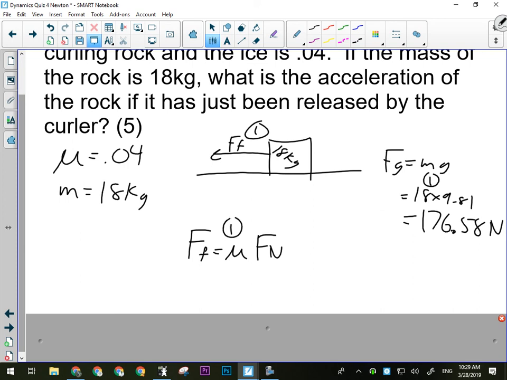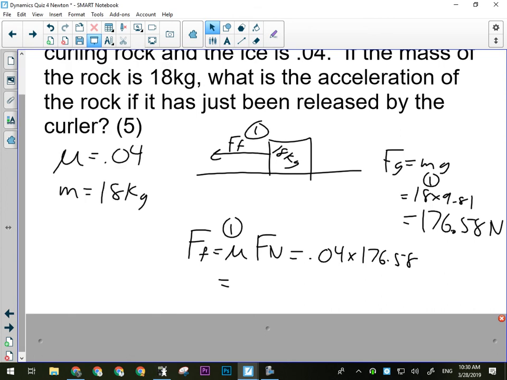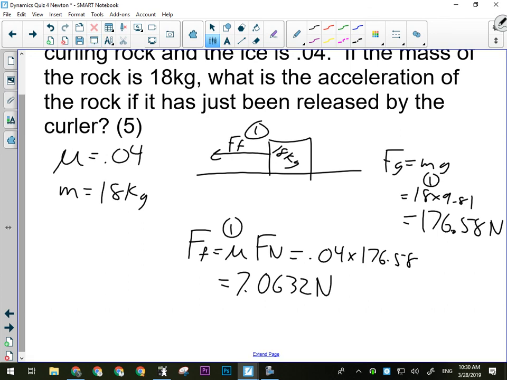They can have a mark for that step. So that's going to be 0.04 times 176.58. So my force of friction is 7.0632 newtons. That's also my net force.